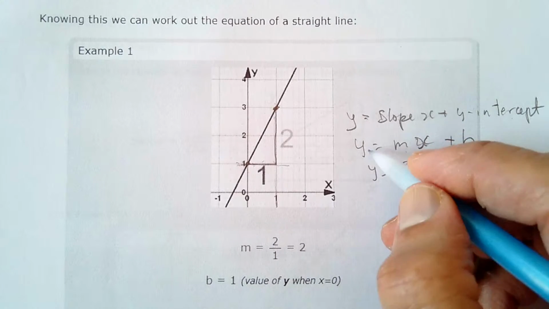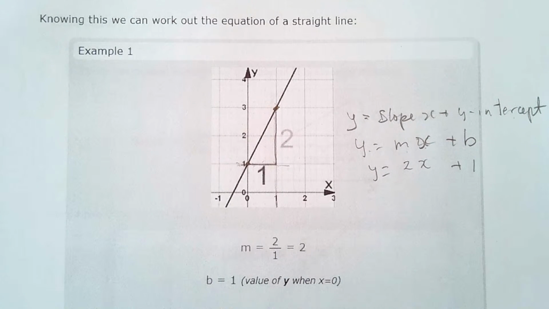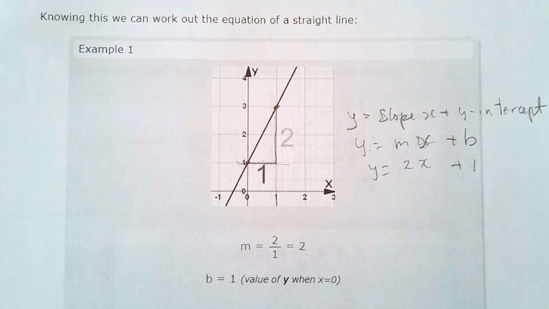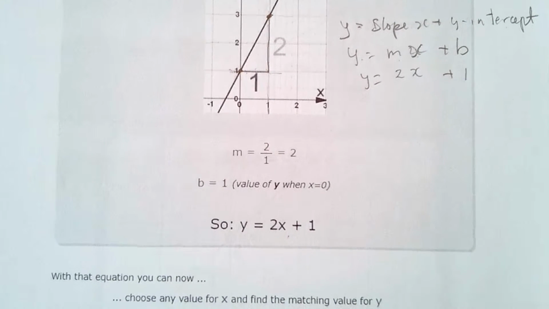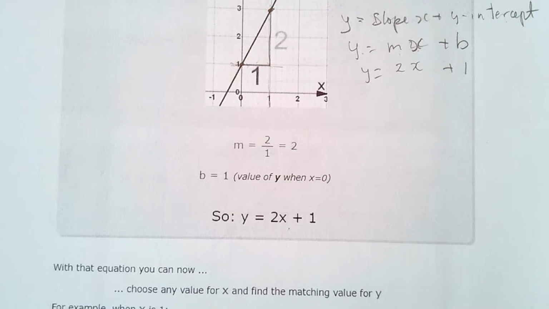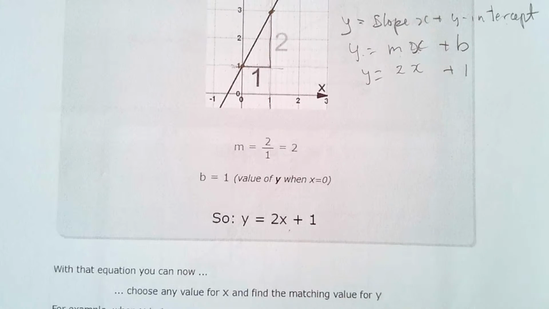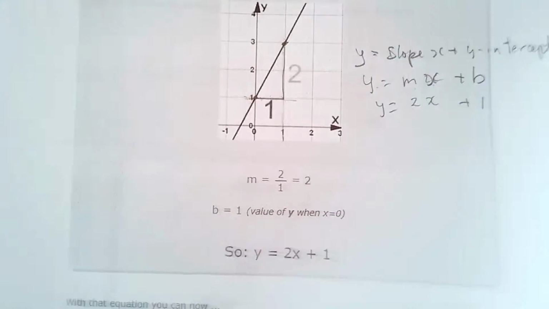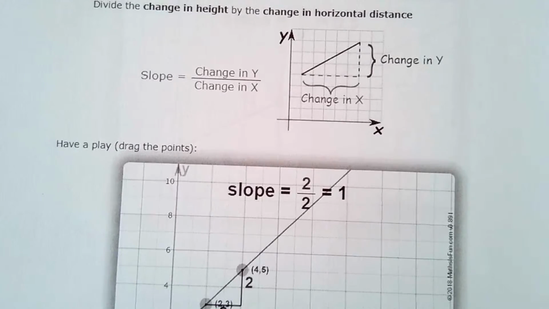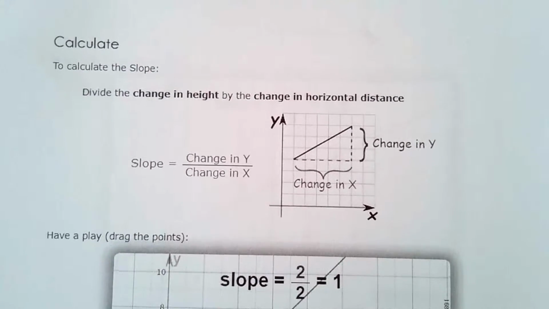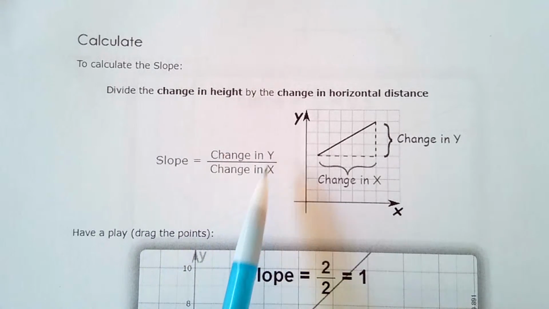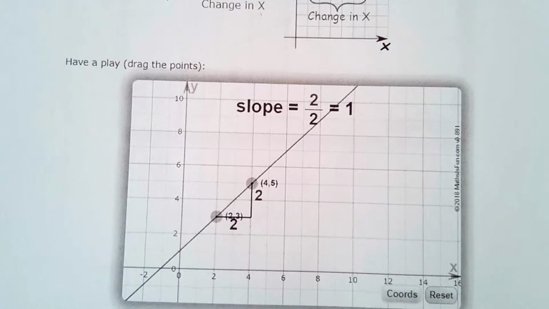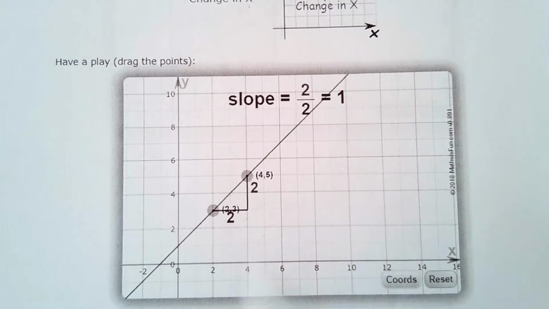Remember, y and x are the variables, so we leave them as they are. So y is equal to 2x plus 1. The slope is the change of y over the change of x, or the rise over the run.